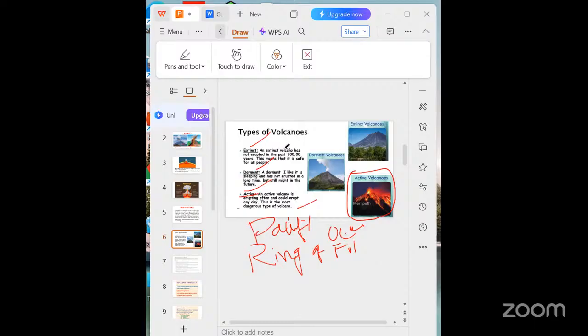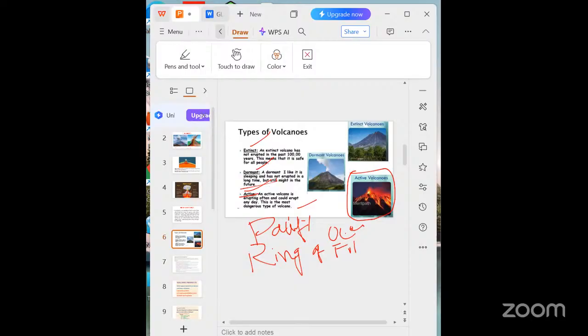Now the second one is dormant volcano. So what is this dormant volcano? It is like sleeping. It has not erupted in a long time, but still might in the future.